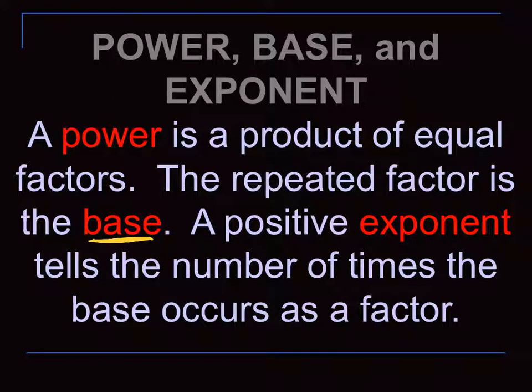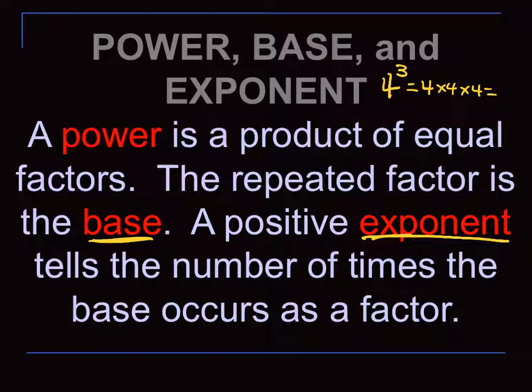And a positive exponent, meaning it's got to be a positive number, tells the number of times that base occurs as a factor. For example, if I have 4 to the third power, that means 4 times 4 times 4.